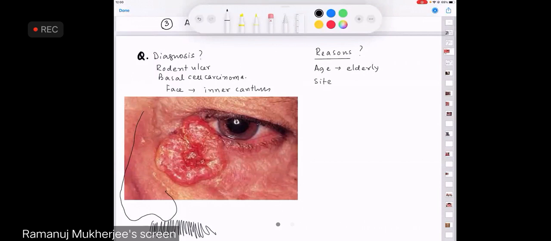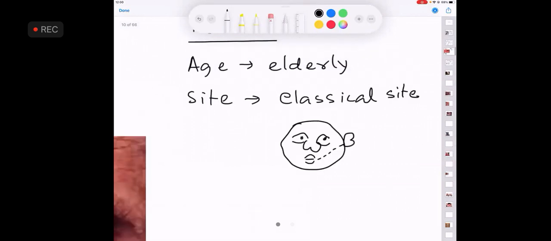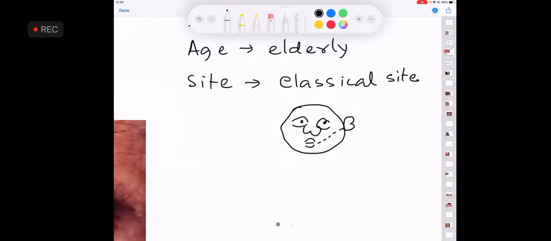The site is the classical site, of a line that joins the angle of the mouth to the ear. If you can see the picture on your screens now, the site is the classical site of a basal cell cancer, from the angle of the mouth to the angle of the ear.